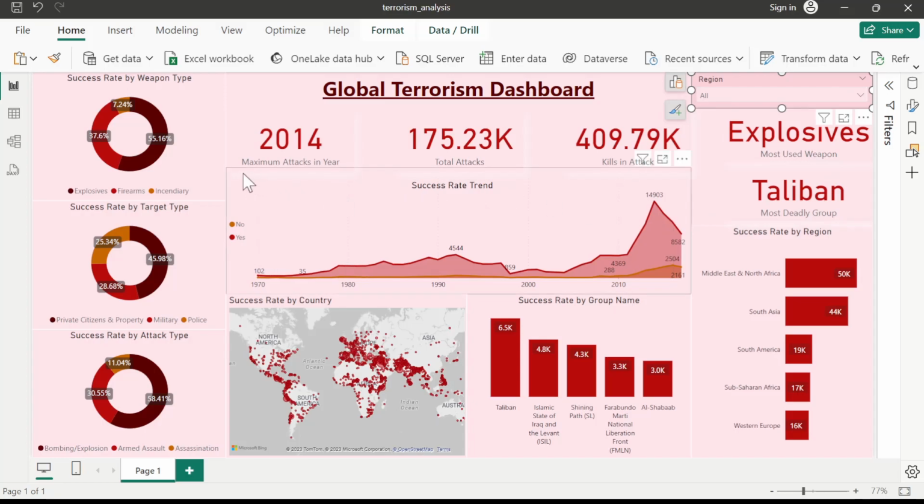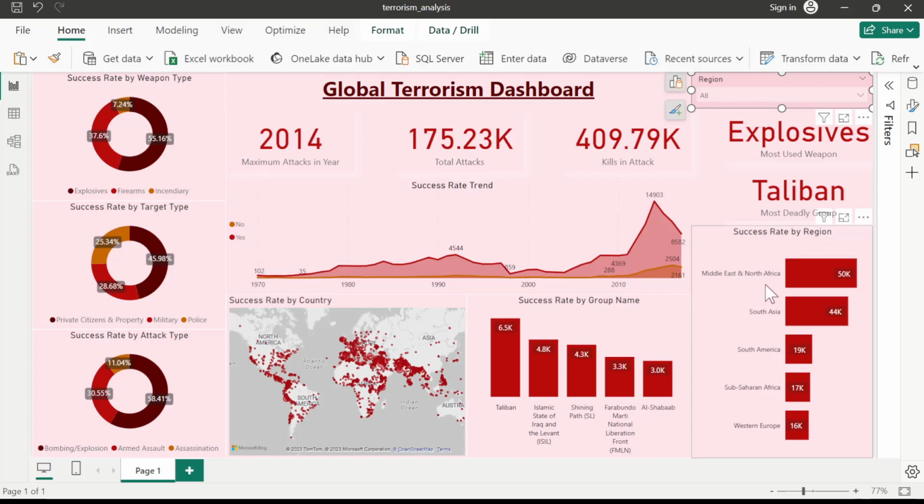I created a line chart to show the trends, the success rate trend over all the years. As you see on the screen, after 2010 the success rate year by year growth is high, and in 2014 it is at a peak. And then the bar chart shows the success rate by the region.